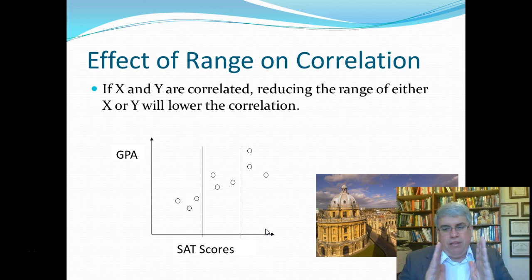So if we don't get the whole range of a variable, for example, if we're studying leadership and what leaders do, and we only measure really strong leaders, we're not going to get much of a correlation between anything. We need to measure both good leaders and bad leaders to be able to see what's really different in their behavior between the two.